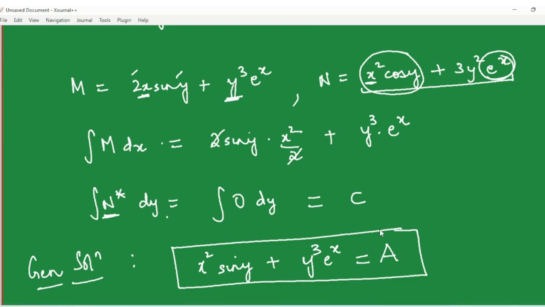So exactness is a feature enjoyed by a differential equation which helps us solve it in a very easy fashion. If you are able to locate your phi, just by a glimpse of the differential equation, you are done.